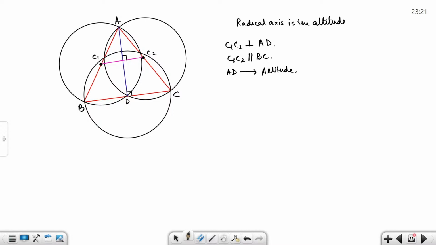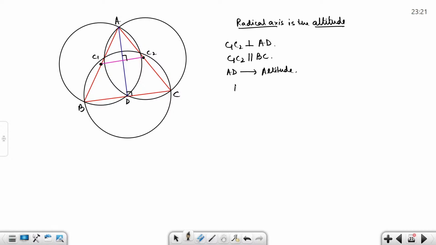becomes your altitude. Okay? Similarly, you can prove that the other radical axes are also the other altitudes of this triangle. So, we have proved that here the radical axes and the altitudes are the same lines. If they are the same lines, then radical axes meet at the radical center and altitudes meet at the orthocenter. Correct?